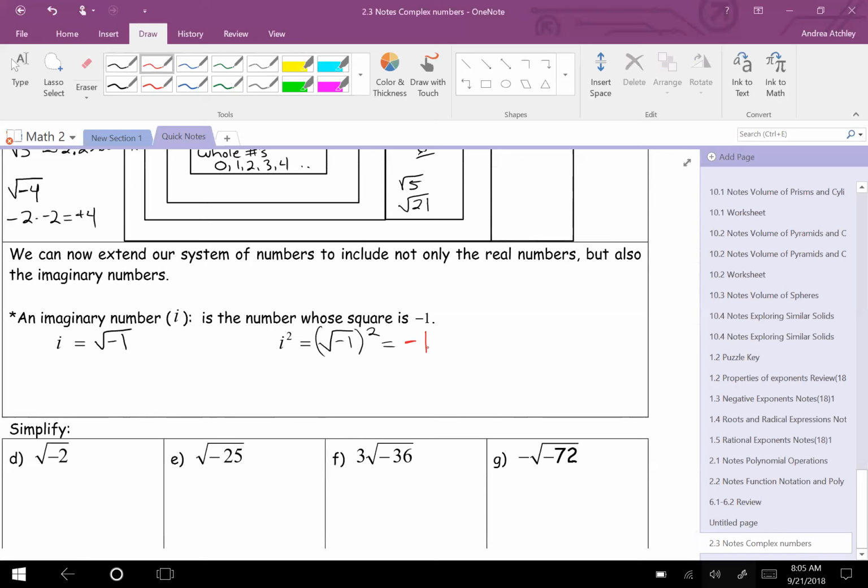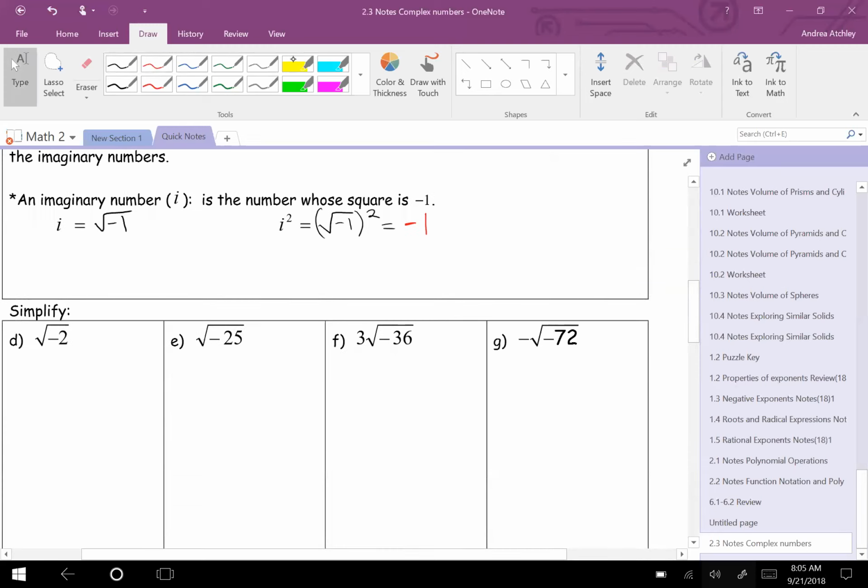Yes, the calculator would say error, but we are smarter than our calculators. Okay, or we're going to be now. So i squared is -1. And you have to memorize that. Very important.